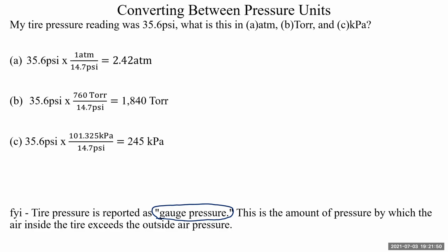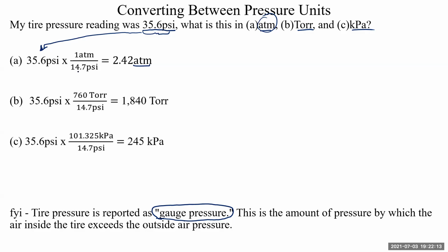In any case, that doesn't really affect our calculation here. My tire pressure reading was 35.6 psi. What is this in atmospheres, torrs, and kilopascals? So here's the conversion. As always, given a definite quantity, we always start with what we've got, what we know, and we always end with the unit we are looking for, and then we'll calculate that.